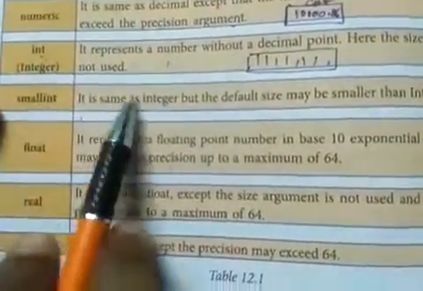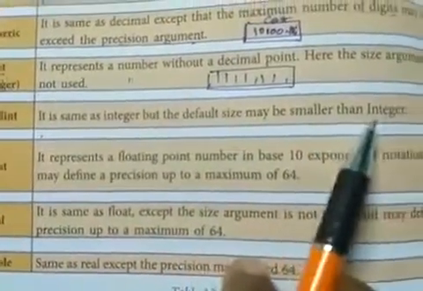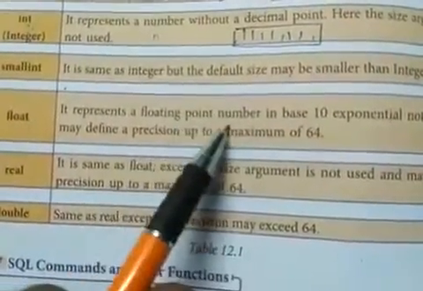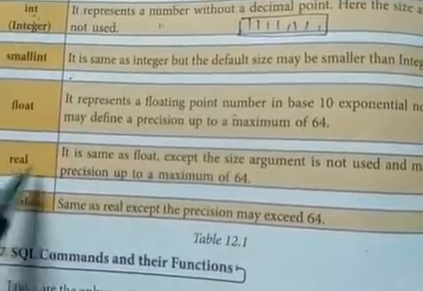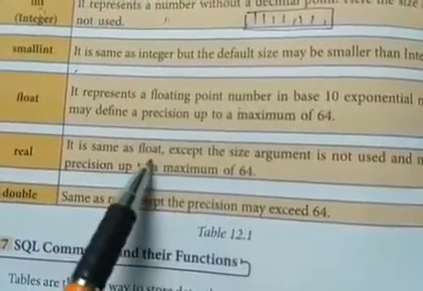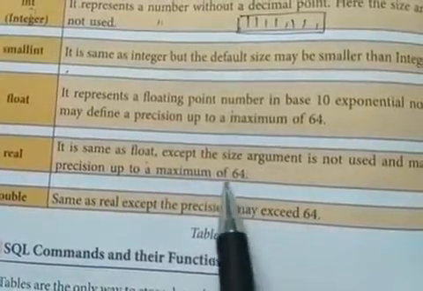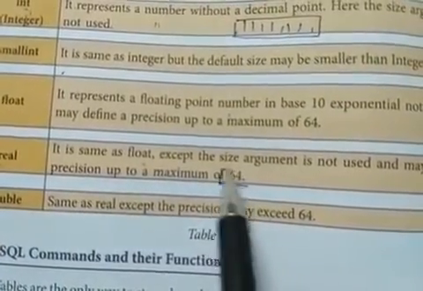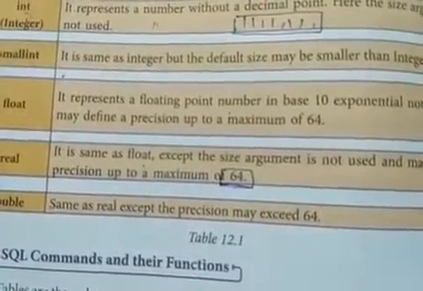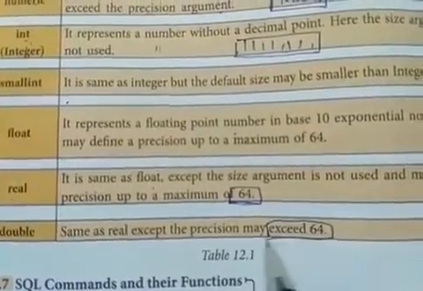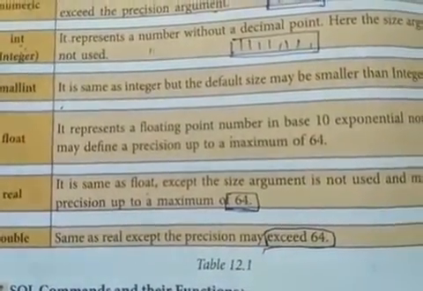Then small integer will be smaller than the integer size. Then float is used to represent floating point numbers. Then real is used to specify the same as float, but more than float, we can store a maximum of 64 numbers. And then double may exceed 64 numbers. These are all the data types.